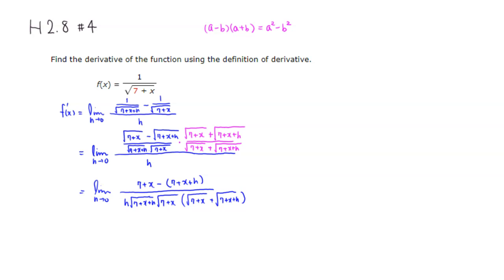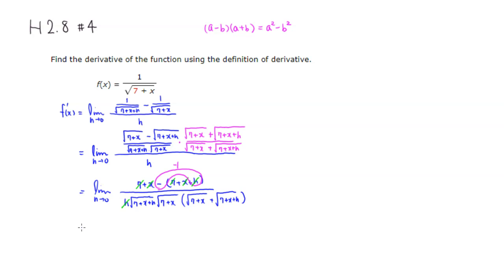Then we can clean up. The 7 minus 7 cancel out, x minus x cancel out. So you can see that the only thing left on top is a negative h. We can cancel h on the bottom and h on top. That's going to give us a negative 1.